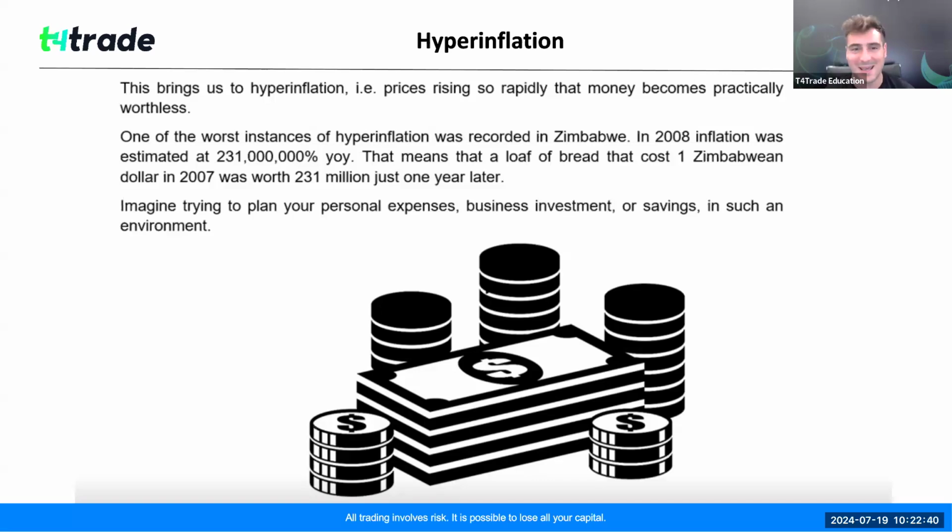In 2008, this was worth 231 million, just 1 year later. So this is destructive. This is the utter destruction of purchasing power of the consumers of that economy. This is a big problem. This has happened to Zimbabwe.